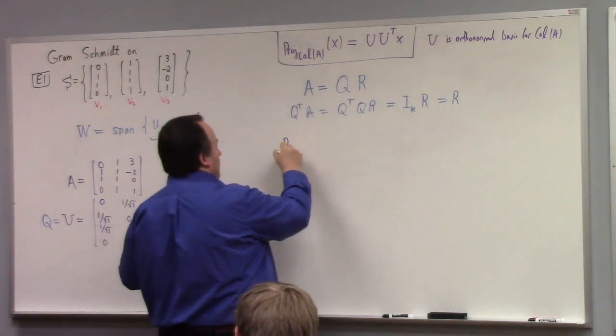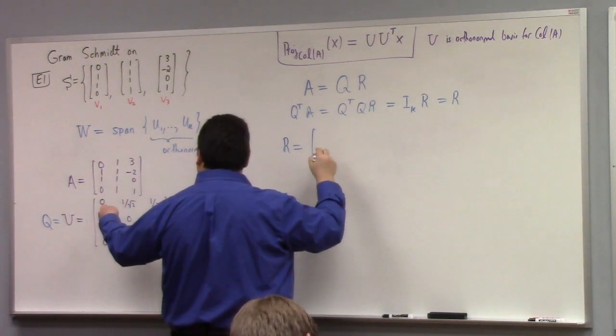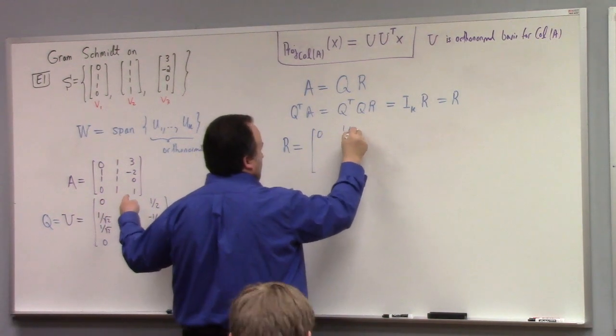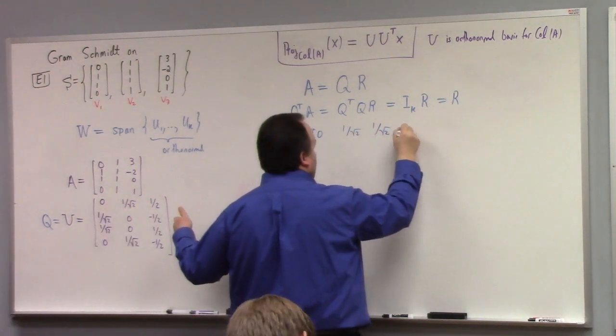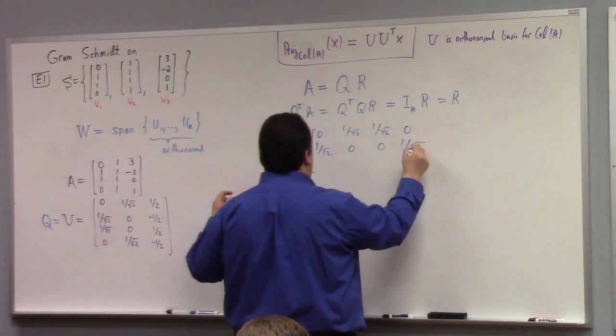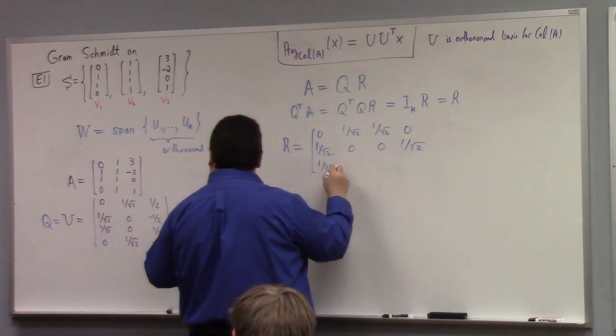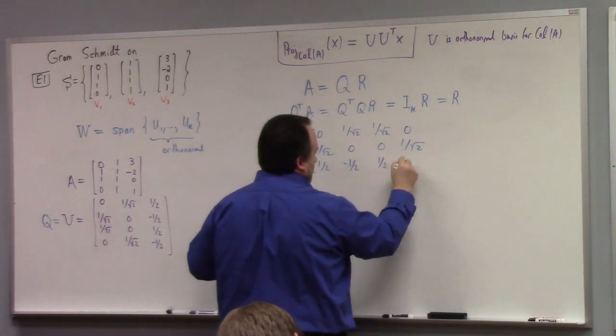So R is equal to Q transpose, which is simply 0, 1 over root 2, 1 over root 2, 0, 1 over root 2, 0, 0, 1 over root 2, 1 half, minus 1 half, 1 half, minus 1 half.